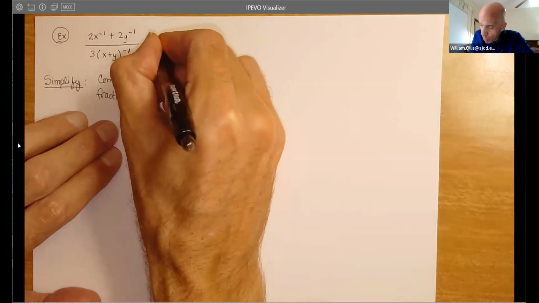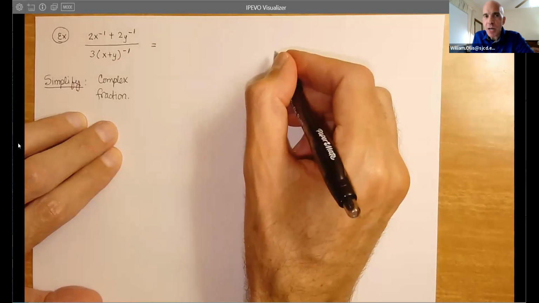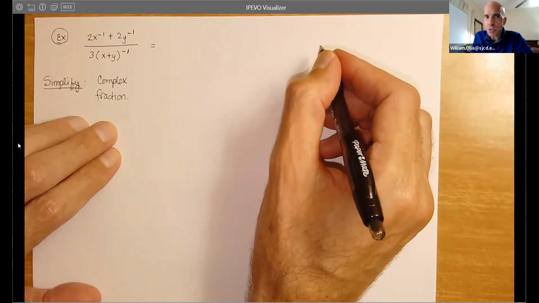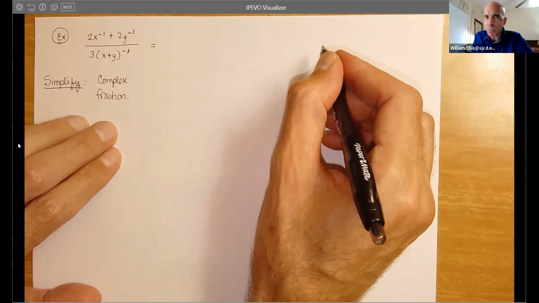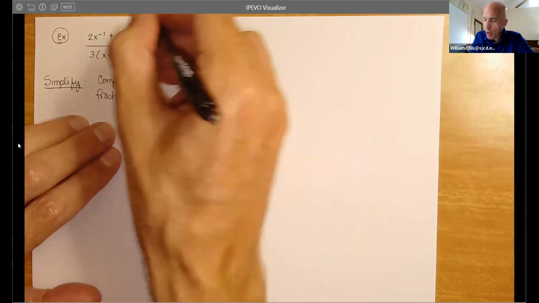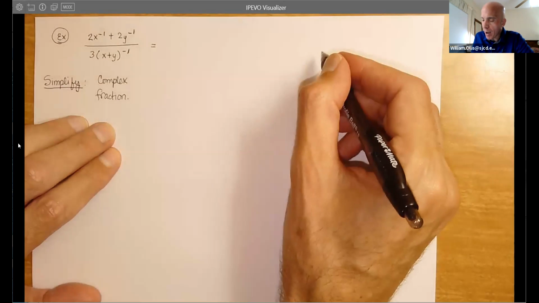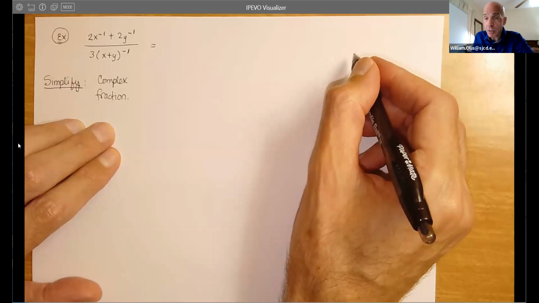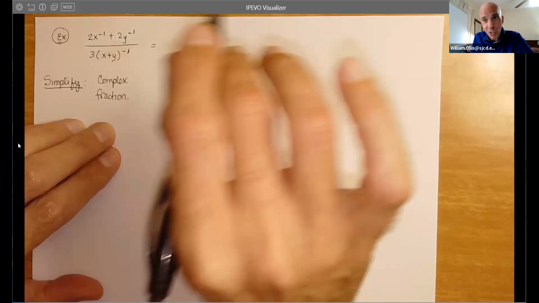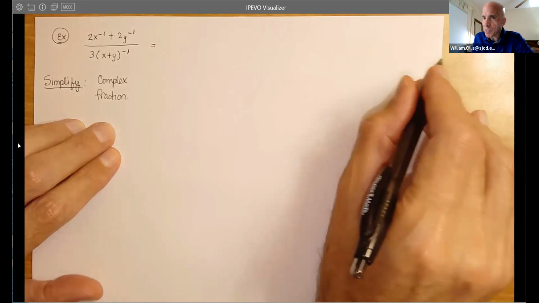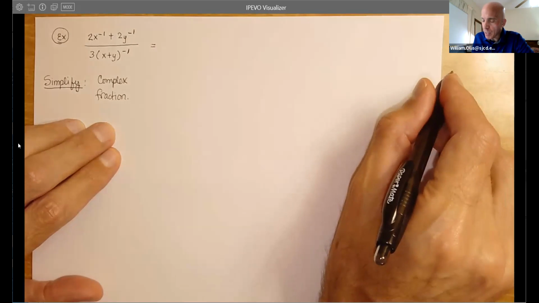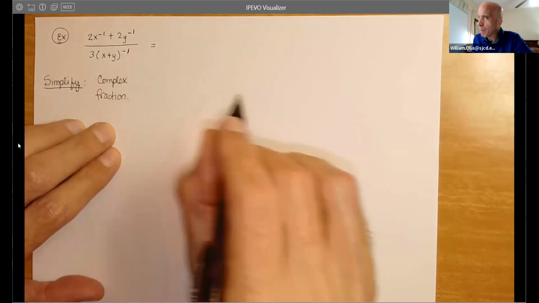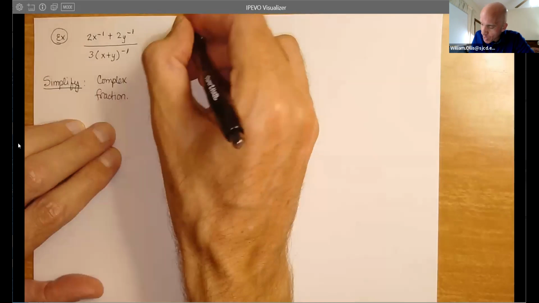So first, what we're going to do is rewrite this. You're thinking, well, Professor Ron, could I do the factoring bit with the least power of x and the least power of y and do it like that? We certainly could. But that might be a little bit too much for you right now. So to make this a little bit easier, I'm going to go back to rewriting these as fractions.